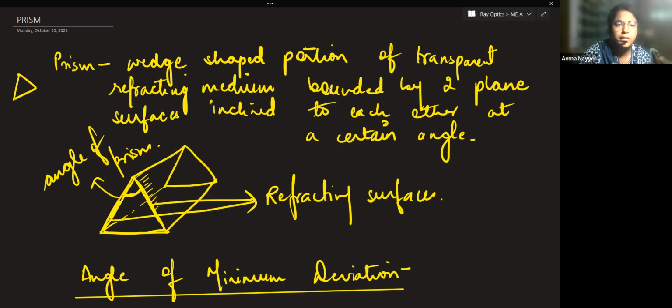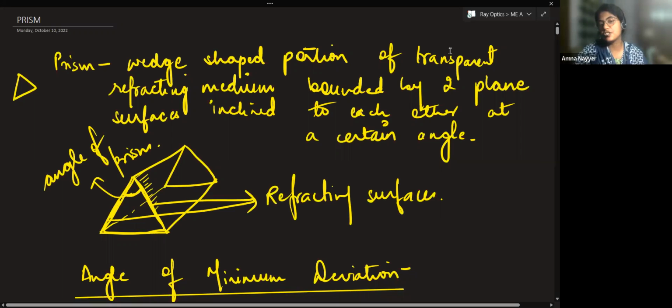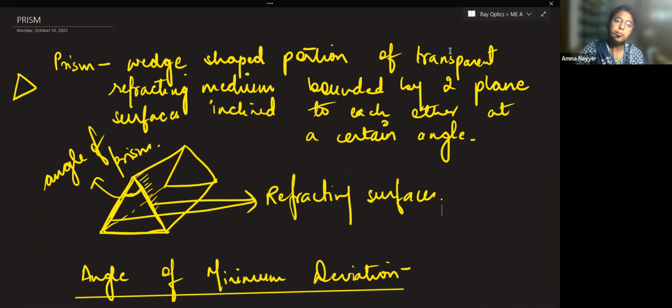I've already written: a prism is a wedge-shaped portion of transparent refracting medium bounded by two plane surfaces inclined to each other at a certain angle. And that certain angle is known as angle of prism.